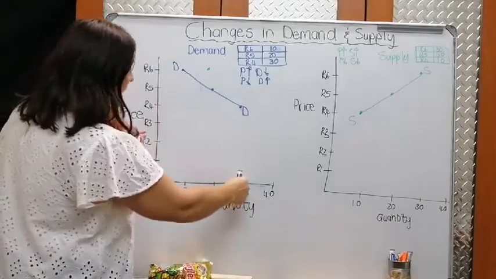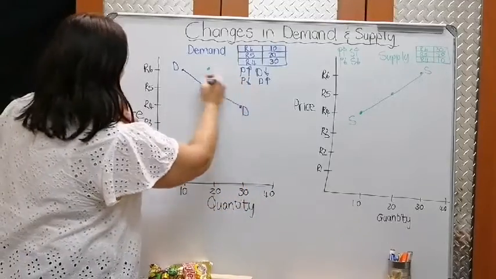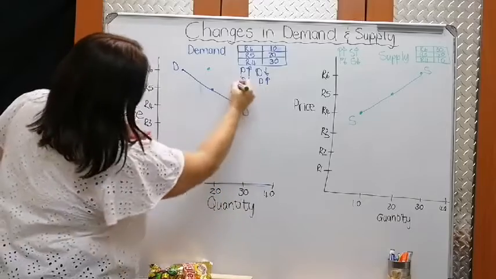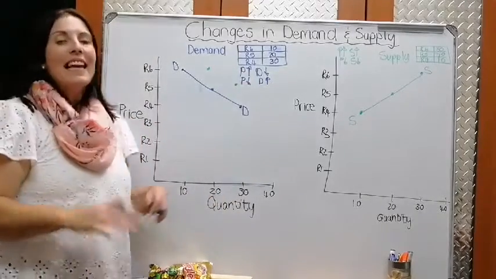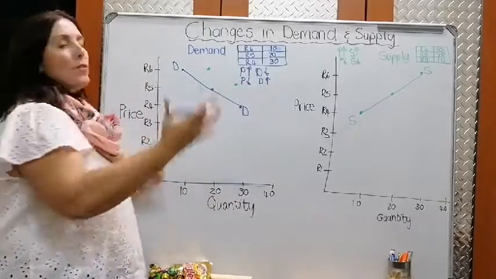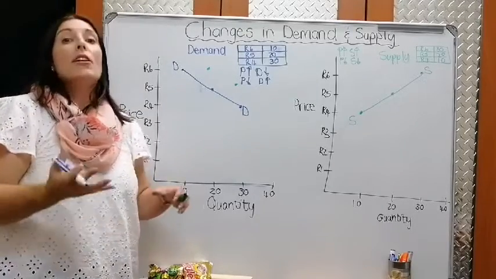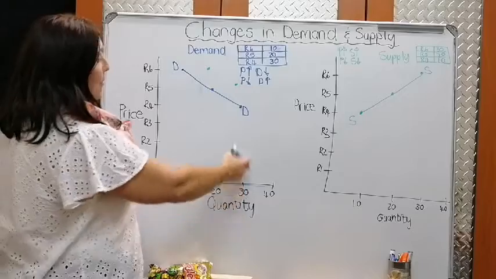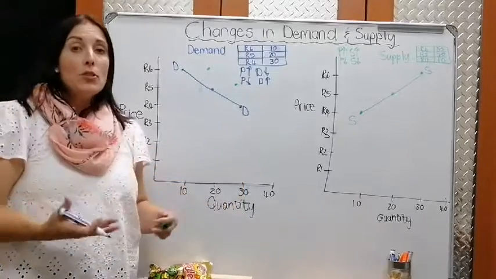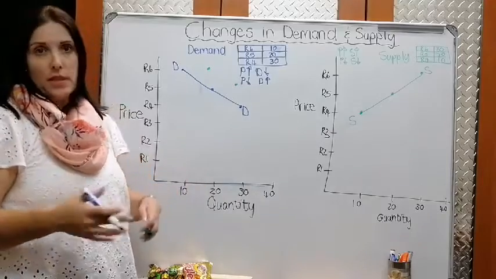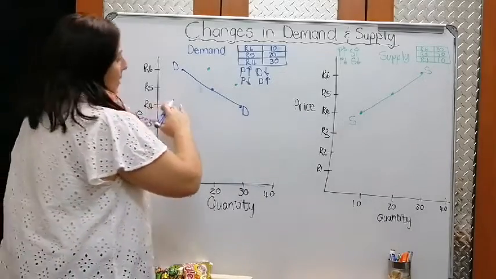So what happens if we go up and it's more or less over here? Yeah, more or less over here. Right, and let's say the price was 4 Rand. If more students had more pocket money, then obviously where it was previously 30 students demanding Twiggles at 4 Rand a packet, now there might be 40 students demanding Twiggles at 4 Rand.